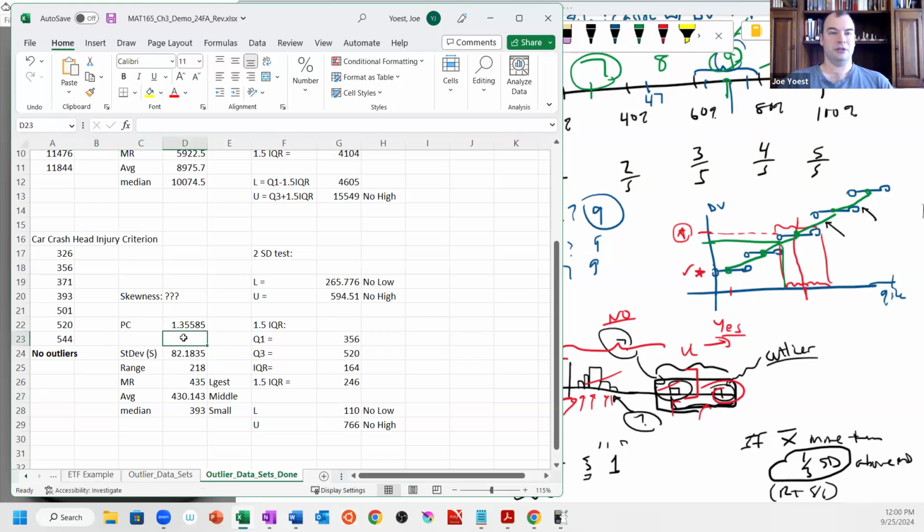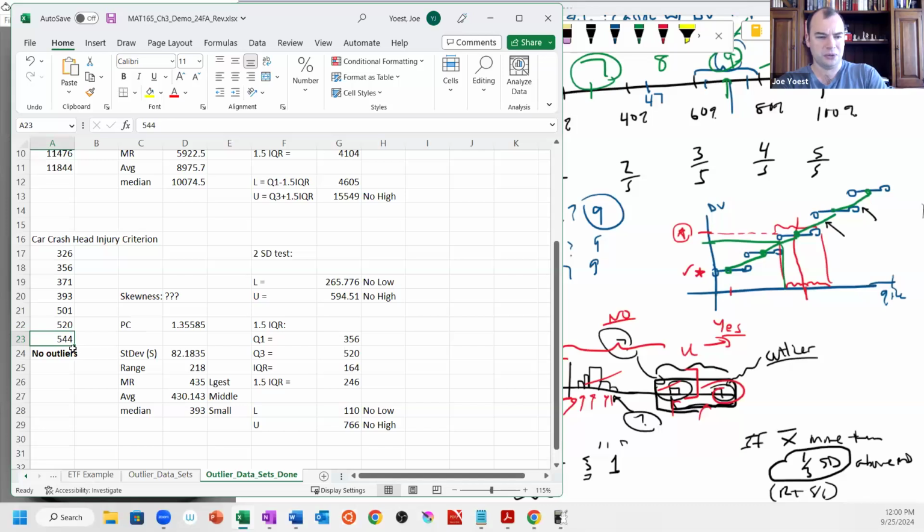This would be kind of a gray area. We'd have to take all of the available information into account. And for whatever reason, if we're trying to decide, should I call this an outlier and get rid of it from my data before I do any further processing, I would have to make that decision qualitatively. So not a really clear-cut answer on this one.